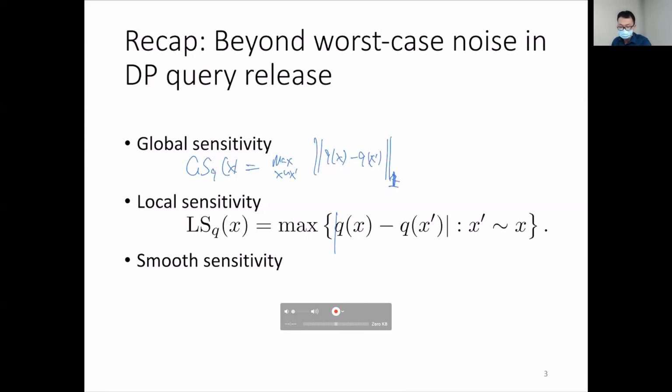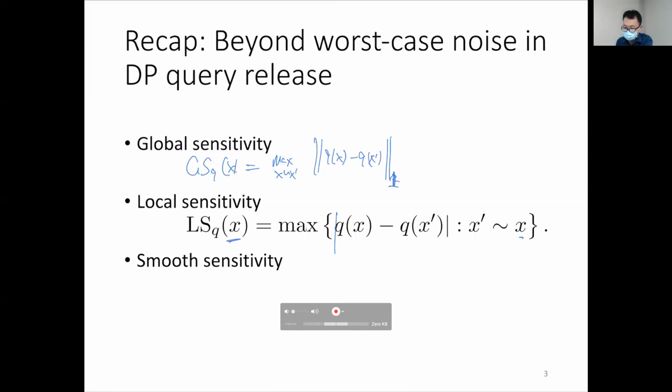That motivated us to consider adding noise proportional to local sensitivity, which is conditioned on the current data set. It makes a local perturbation to the current data set by replacing, adding or removing one data point, and then you can define local sensitivity this way.